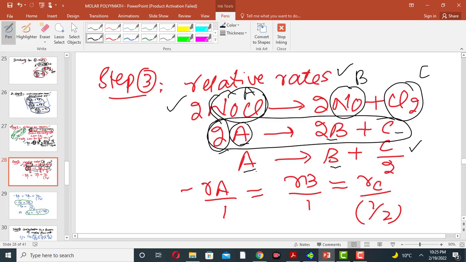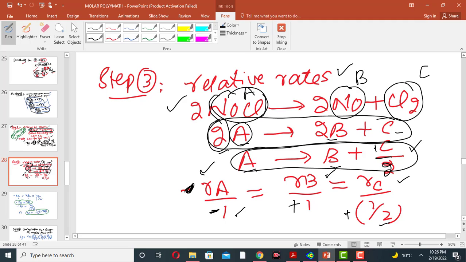The relative rate law for this reaction will be minus Ra divided by 1 is equal to Rb divided by 1 is equal to Rc divided by the stoichiometric coefficient of C, which is 1 divided by 2. So usually, Ra divided by minus 1 is equal to Rb divided by plus 1 is equal to Rc divided by plus 1 divided by 2.